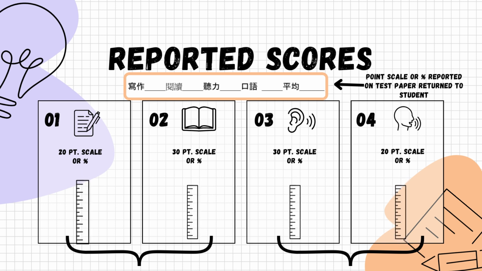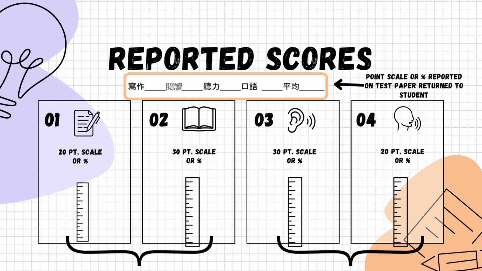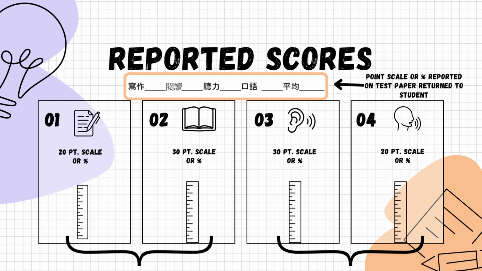And as you know, a student with absolutely no knowledge on a three option test might get 33% just at random. So there's always this bottom threshold of lucky guessing.